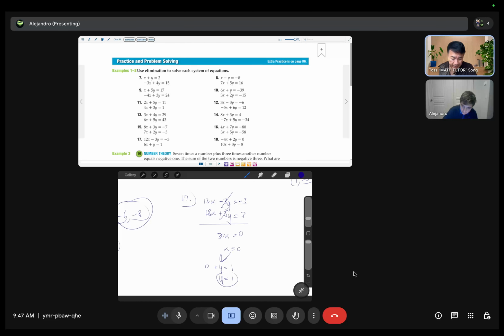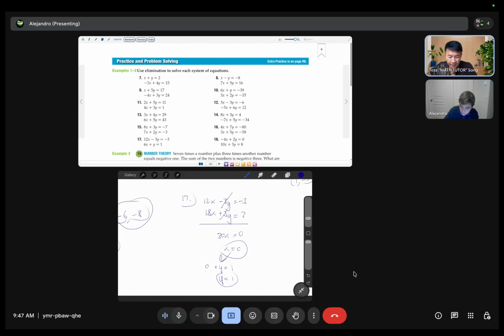I think they're playing psychology here. Your x is weird, like 30x, before you get the answer. But we're going to check it right now. I'll do the second equation first. Check the answer: 6 times 0 plus 1 equals 1. 1 equals 1.